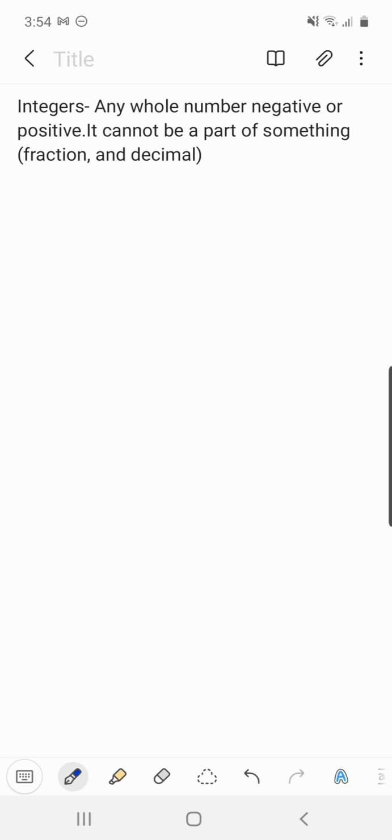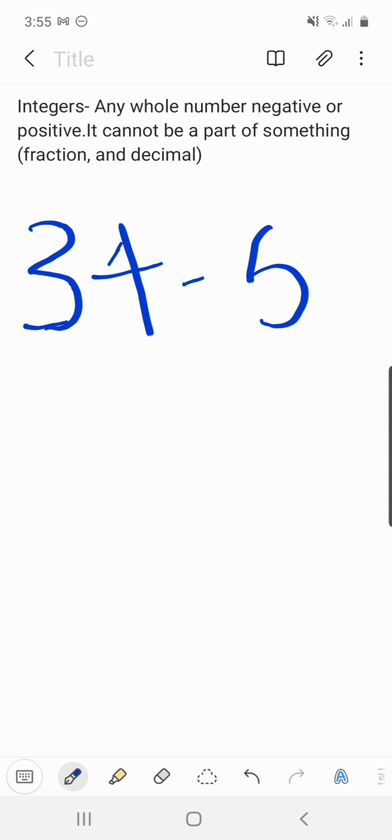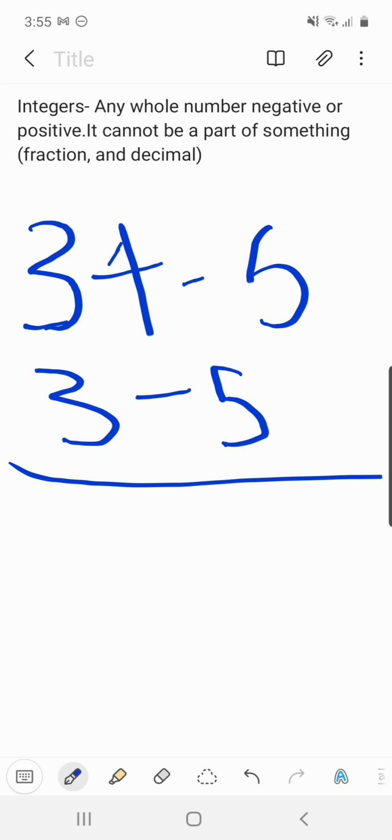Let us try something else. If we do +3 plus -5, this is going to be the same as 3 minus 5. Now, I'm going to make a number line. I want you to tell me.